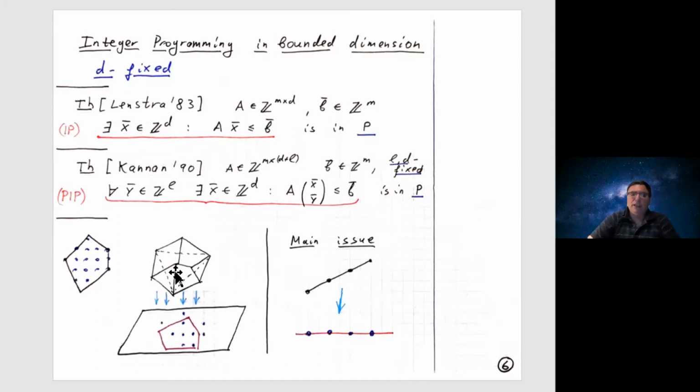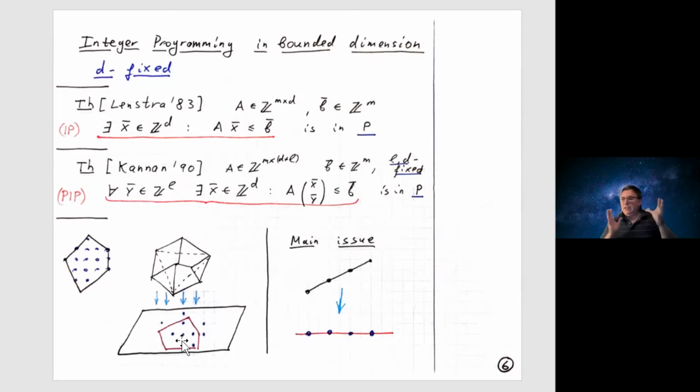What we're doing is we're looking at integer points in this polytope, and we're asking, is it true that for all points which lie in some polytope in the projection, there exists one integer point in the polytope above, which is defined by Ax less than b, which projects onto that integer point in the projection?